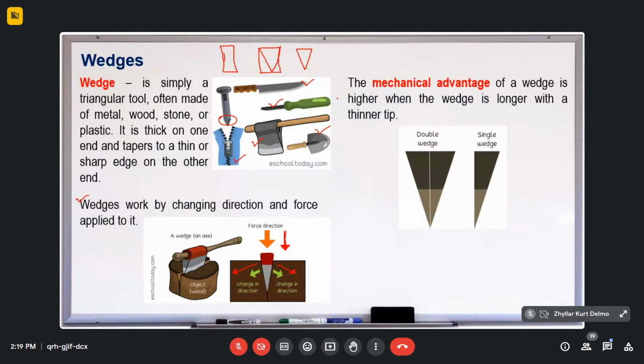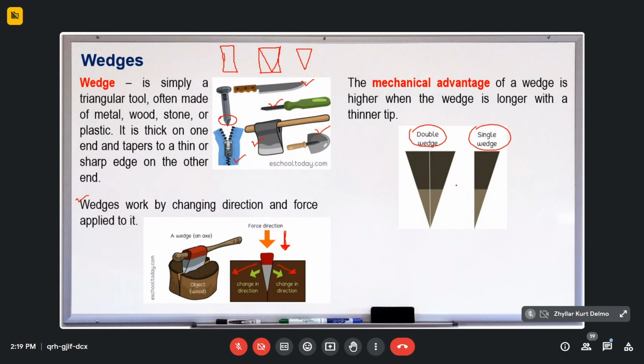Then, the mechanical advantage. For every simple machine, we always talk about mechanical advantage. For the wedge, its mechanical advantage is higher when the wedge is longer with a thinner tip. There are two kinds of wedges: the double wedge and the single wedge.